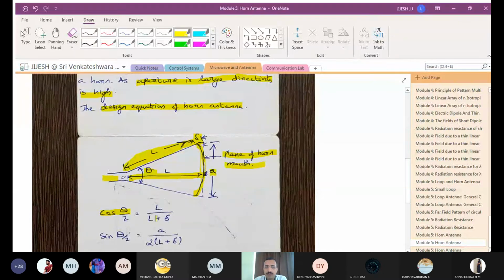So cos of theta by 2 is L divided by L plus delta. And sine of theta by 2 is A divided by 2 into L plus delta, where A is this entire portion.